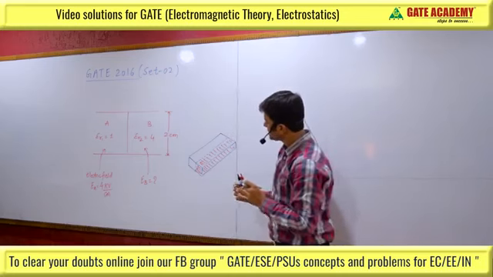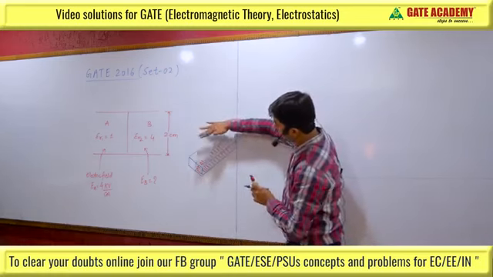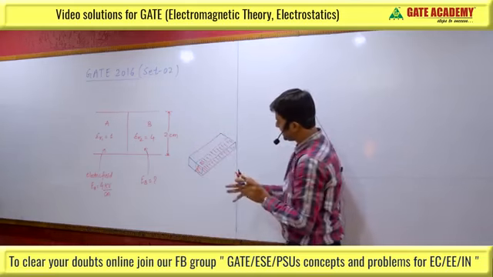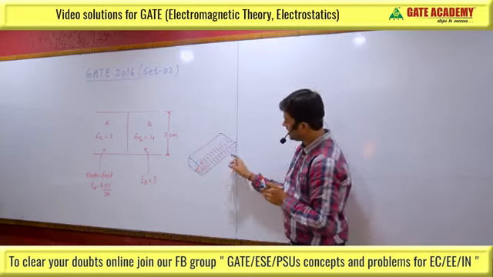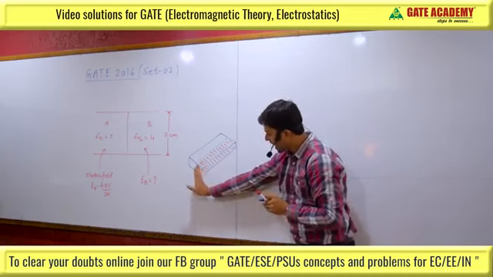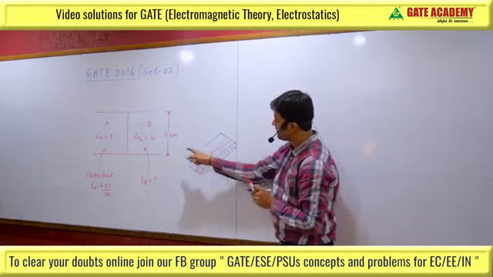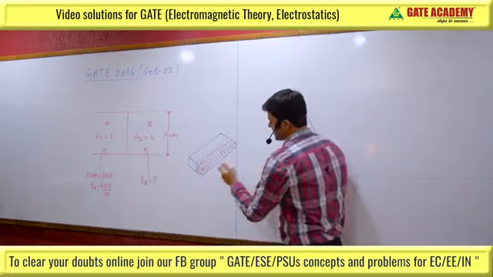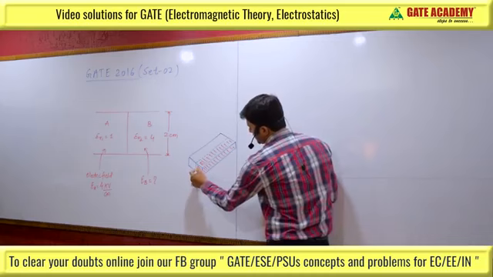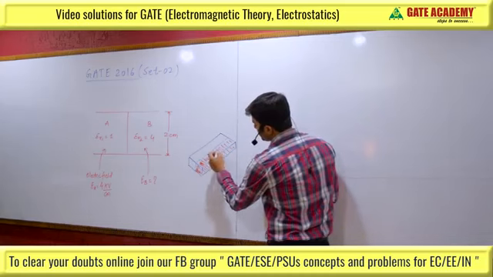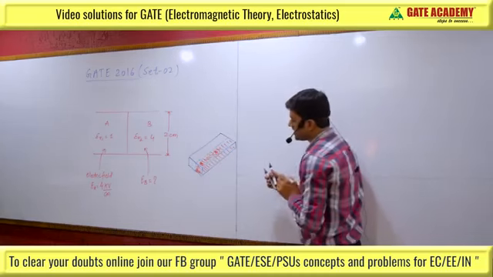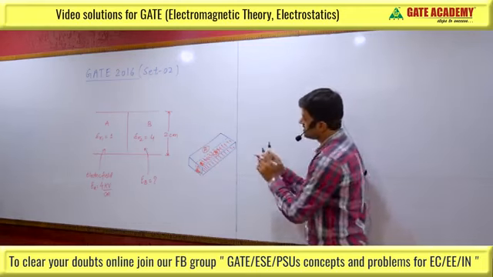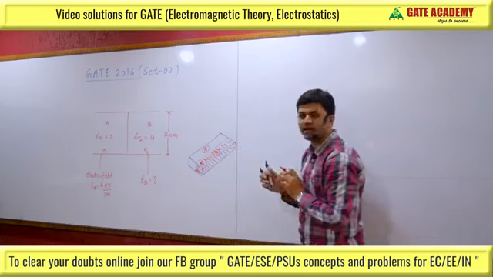So here we can see that these parallel plates are placed like this. These are the two parallel plates, and in this, the half portion is filled with dielectric having constant 4. So this red portion shows the region B, and this is region A, in which the dielectric is air.